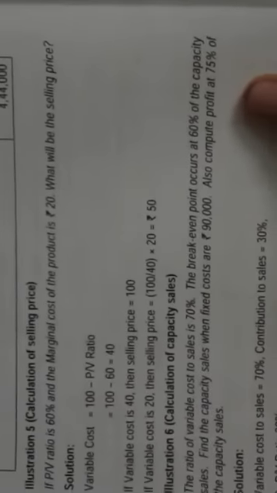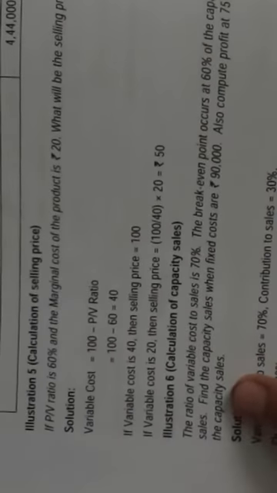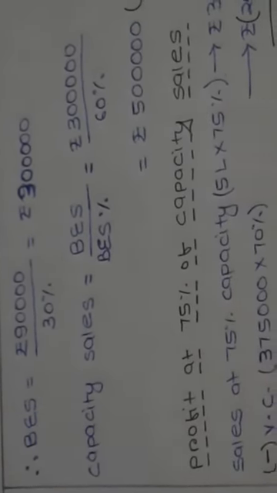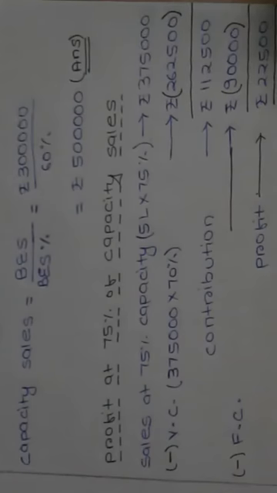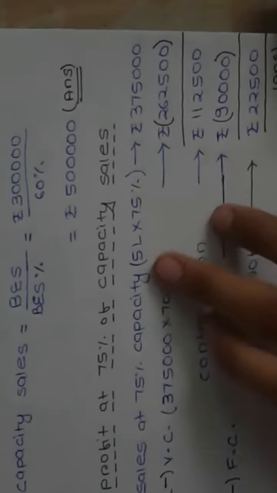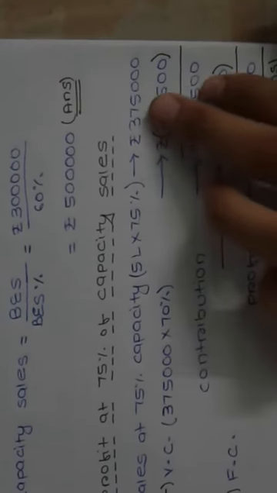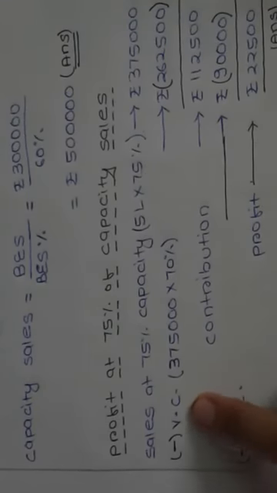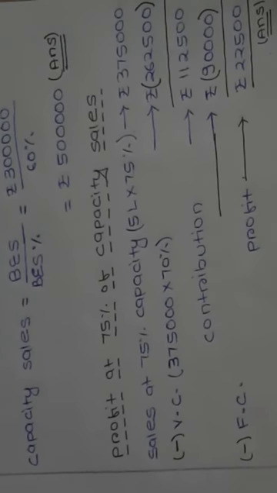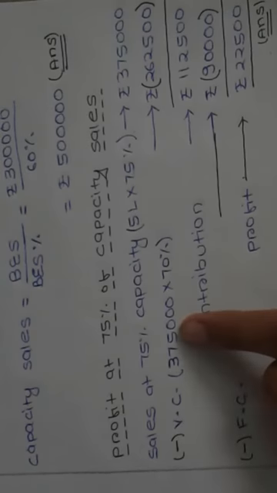Now the question is asking, also compute profit at 75% of capacity sales. Sales at 75% capacity, 5 lakh into 75%, which is coming 3,75,000. Now less variable cost. Variable cost can be computed in two ways.